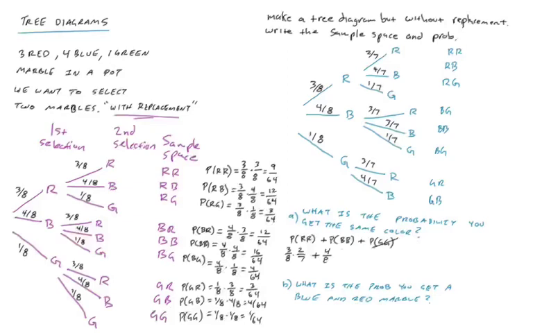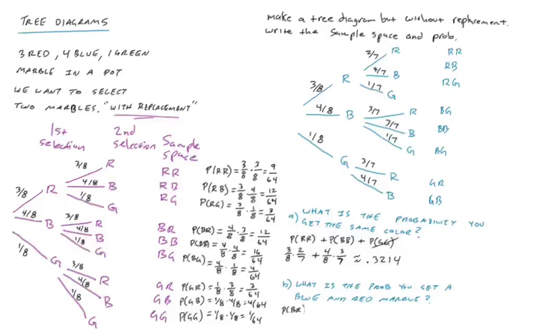And then blue, blue will be this path right here. So 4/8 times 3/7. Okay, and so we get 3, 2, 1, 4.